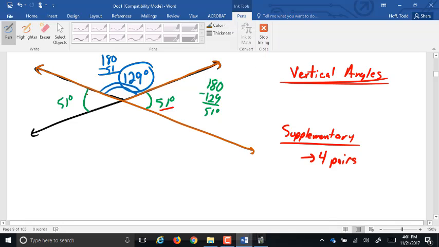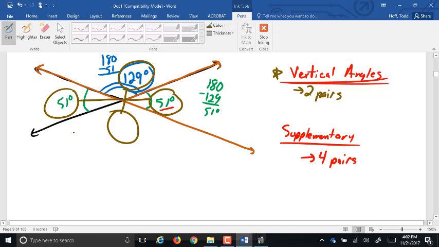We also then have pairs that are not adjacent to each other. They are across from each other. These are the ones that are called the vertical angles. They're not adjacent. There are 2 pairs of those. The 51 and the 51, and of course the 129 and the other 129.